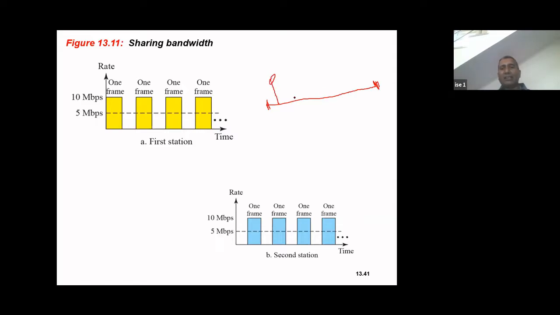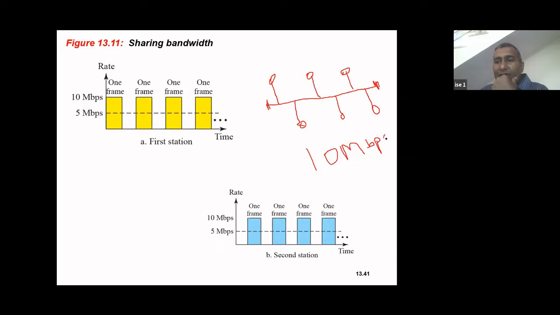I have one system here, one here, one here, and one here, and one more system here. So total bandwidth is 10 Mbps, and there are 6 systems that are connected.